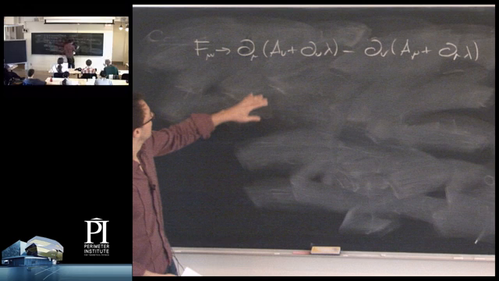You take your gauge field, and you add to it any function lambda of x that's differentiated by d mu. Okay? And we're going to require certain properties on lambda of x, like it dies off suitably quickly at infinity. But you know, basically, it's any function you like.